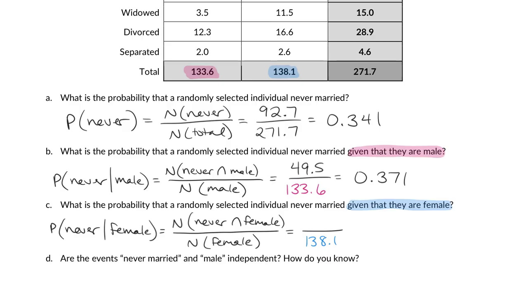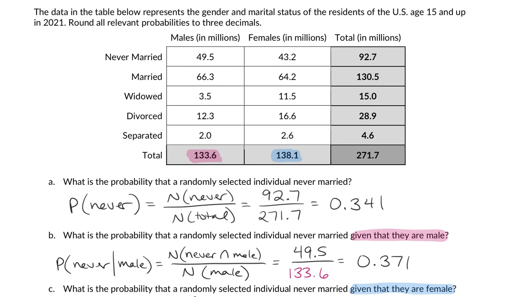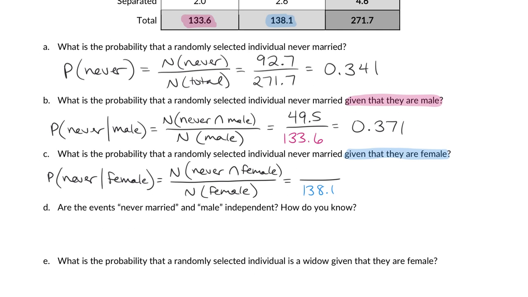The number on top in the numerator, remember, is the overlap between them, is the and. How many in my survey were never married and female? 43.2, that's what goes in the top. Because I'm looking at the overlap divided by the total. Throw that into a calculator, 0.313 is what you would get.